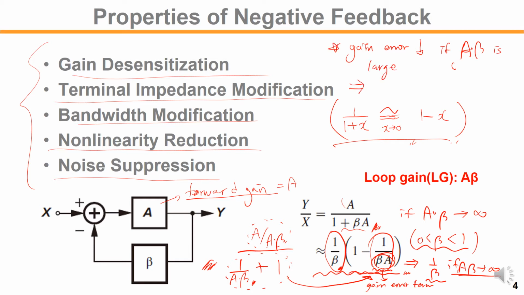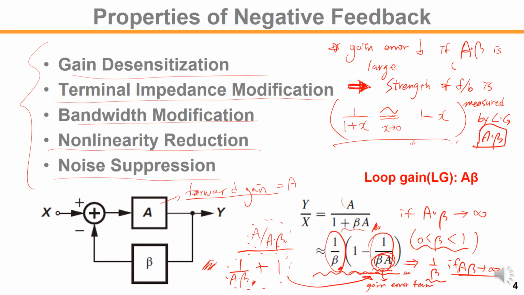This means you have to remember that the property, or the strength, of negative feedback is measured by what? Loop gain, A beta.